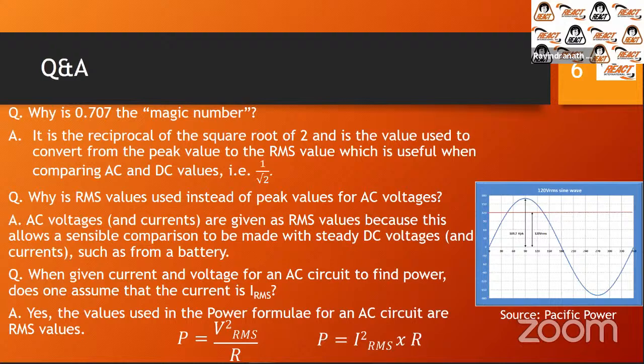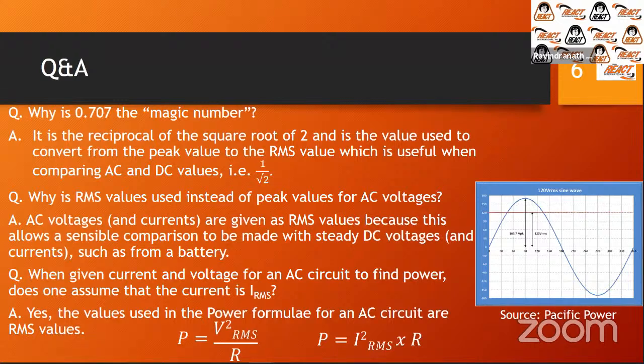But what is it really? It's the reciprocal of the square root of the number 2. And it is indeed the value that is used to convert from peak value to the RMS value. So that's what we use that magic number for. It is very useful when we are comparing AC and DC values.